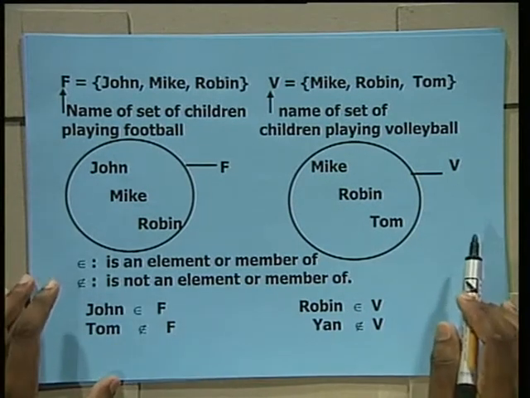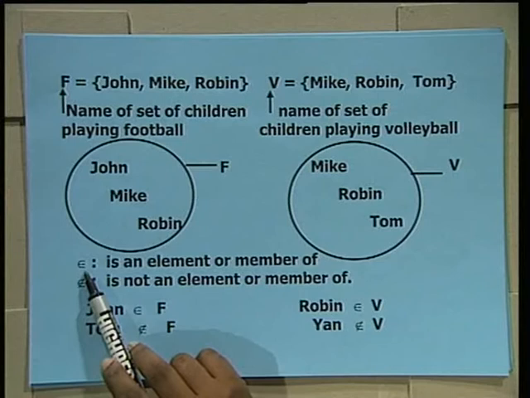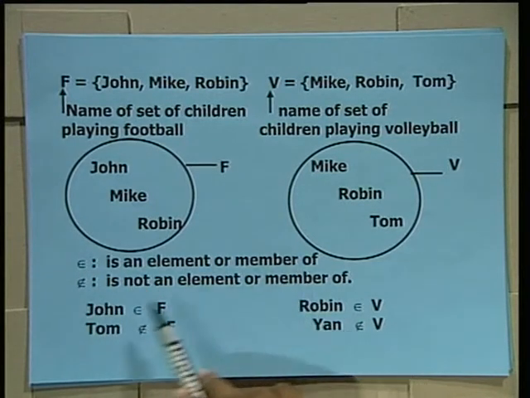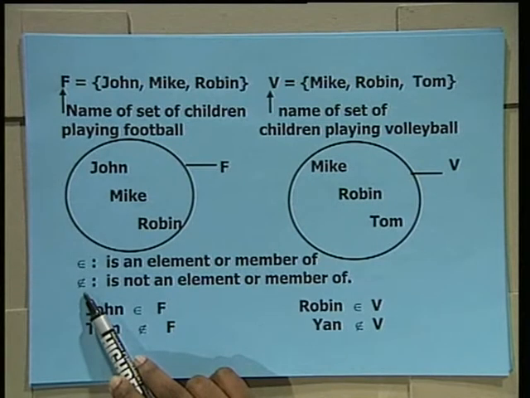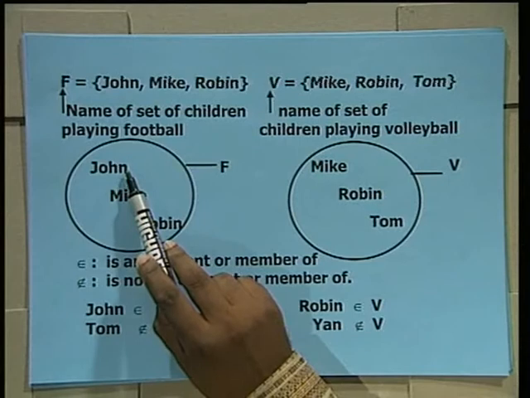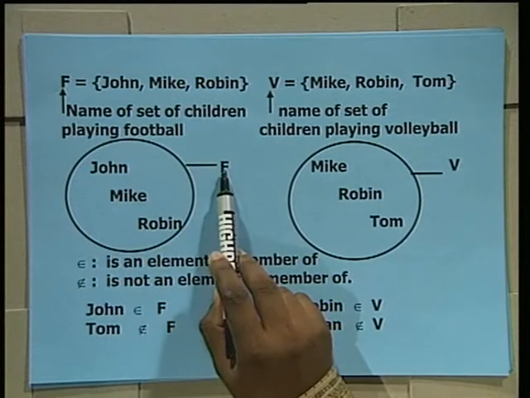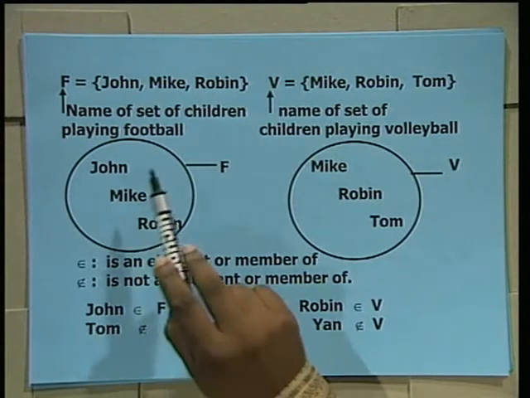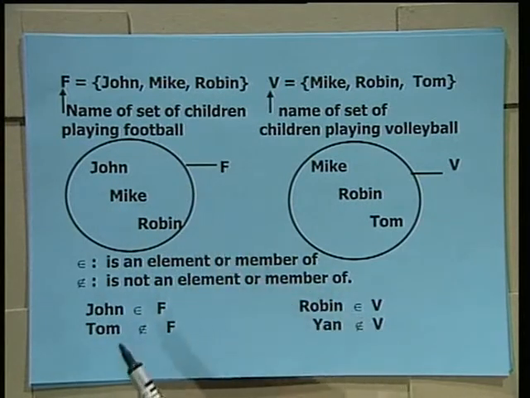The first set notation that we are going to look at is the following symbol, which means "is an element of", and this symbol, "is not an element of". For example, John plays football, therefore he is in the set F. So instead of saying John is an element of set F, we will simply write it using this symbol.